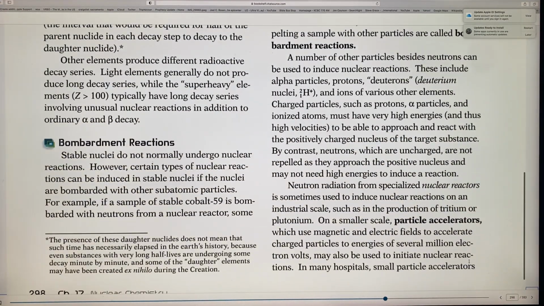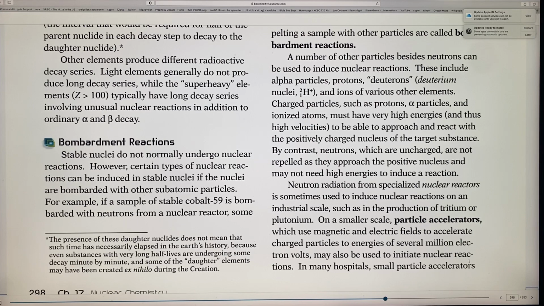Bombardment can cause this process to happen quicker. That's why I said this has to do with bombardment. Well, it kind of does and it kind of doesn't. The activity comes from the radioactive decay series. Radioactive emission also comes from bombardment, and a lot of times it's caused by the bombardment. Let's just say that.